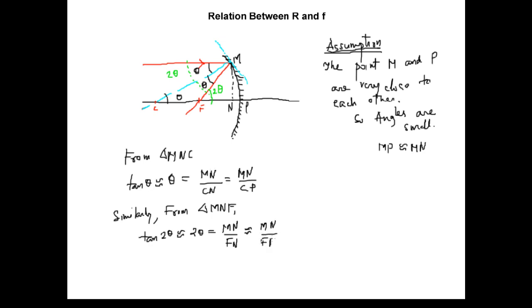As we have said, these distances MN and FP will be almost the same. So CN will be equal to CP also. I will write it here for you. So CN is equivalent to CP and FN is equivalent to FP, right?